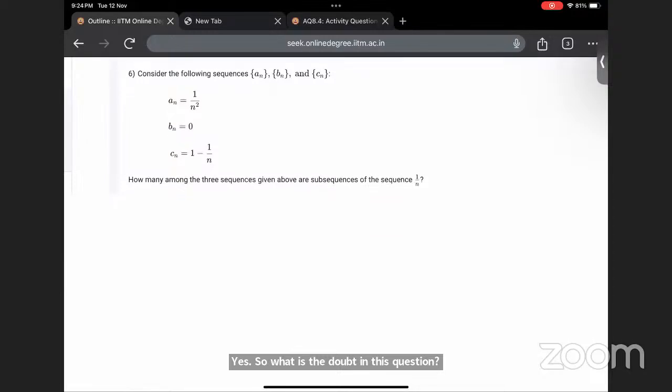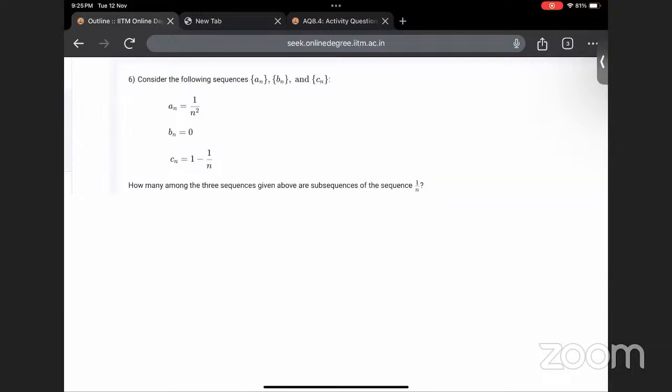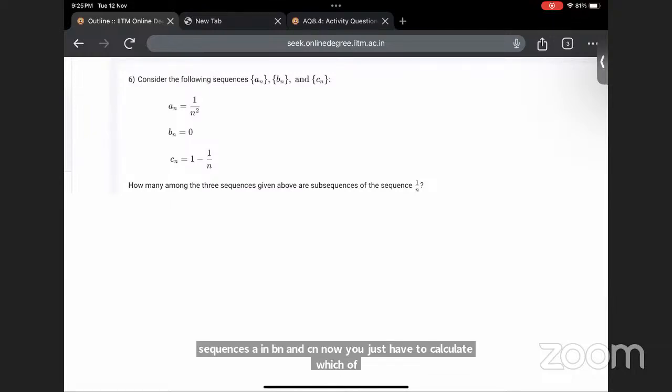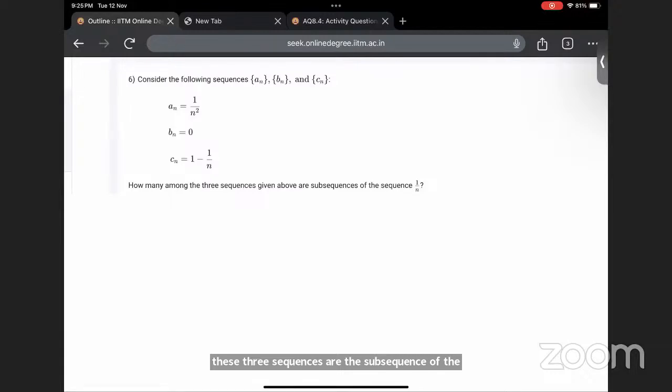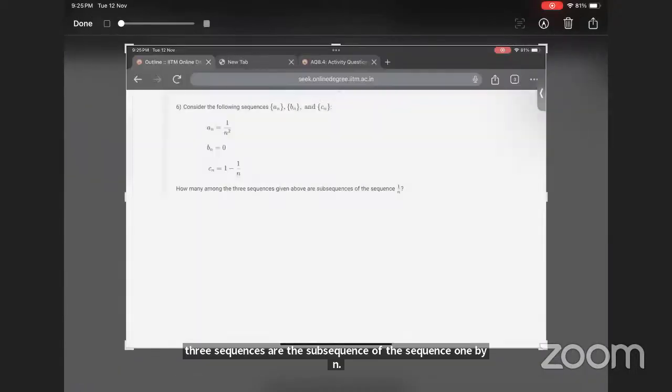We have three sequences, an, bn, and cn. Now you just have to determine which of these three sequences is a subsequence of the sequence 1/n. What about the first one?